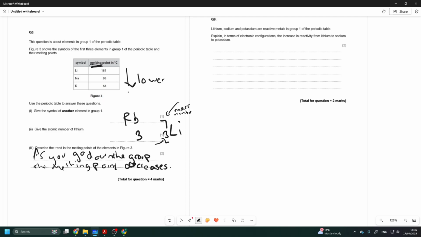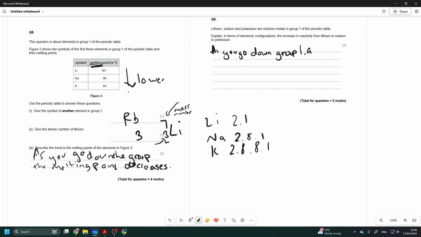We're going to say, as you go down group 1, remember we've got lithium, which is 2.1, sodium, which is 2.8.1, and potassium, which is 2.8.8.1. As you go down group 1, the atoms get larger.